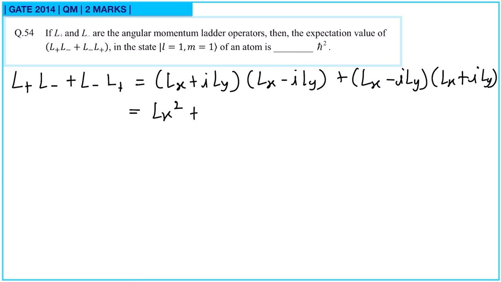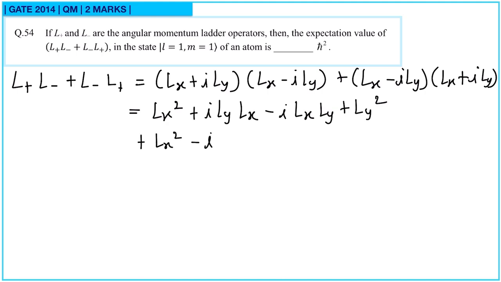So this is Lx square plus i Ly Lx minus i Lx Ly, and this will be i square Ly square, so that is plus Ly square, plus Lx square minus i Ly Lx plus i Lx Ly plus Ly square.